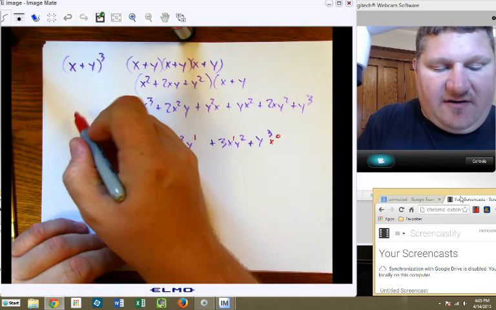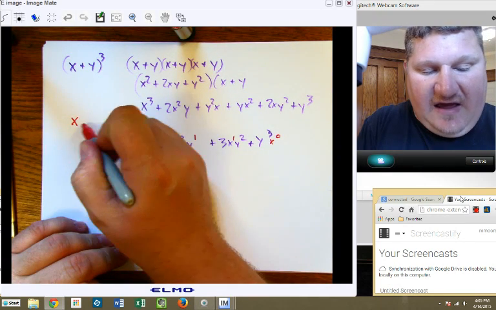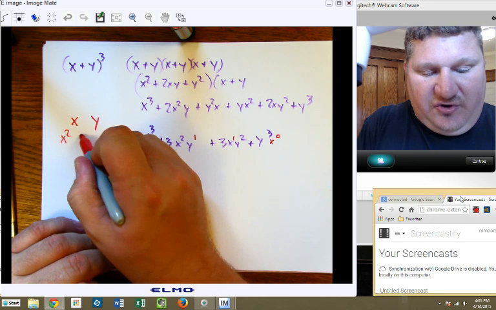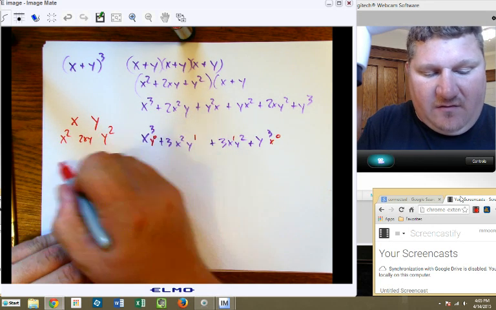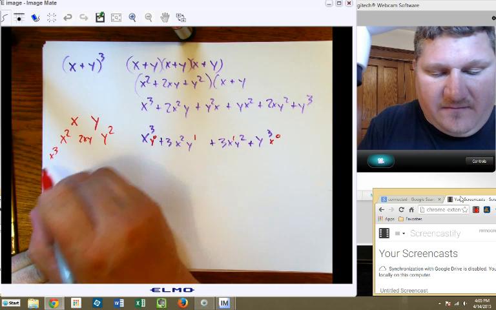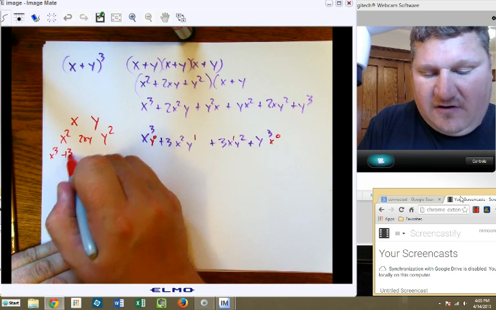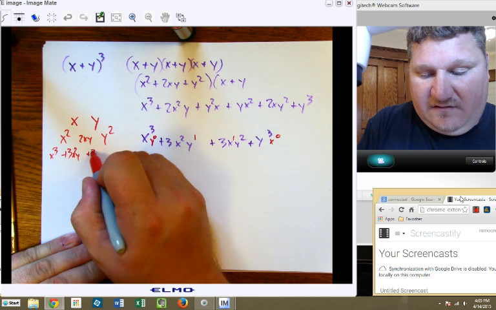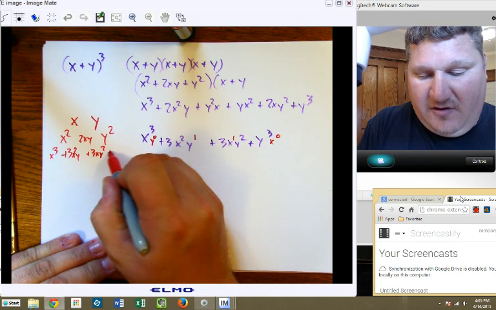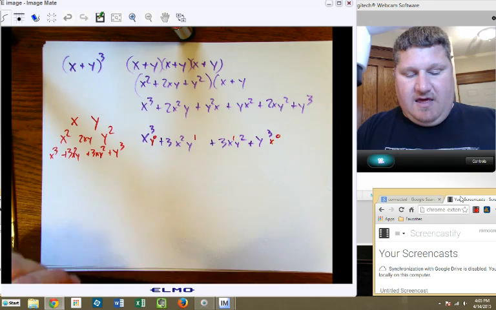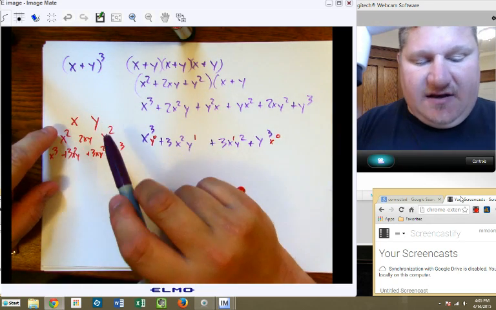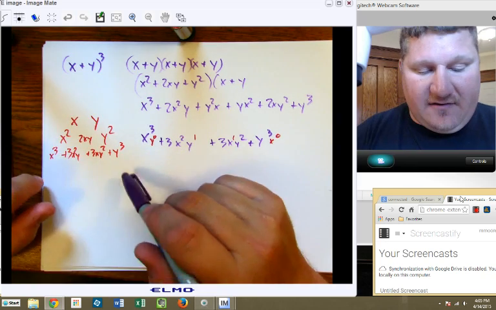So the pattern that we begin to see is x and y, then x squared, 2xy, y squared, x cubed, plus 3x squared y, plus 3xy squared, plus y cubed. And what you'll notice is you end up with these patterns.